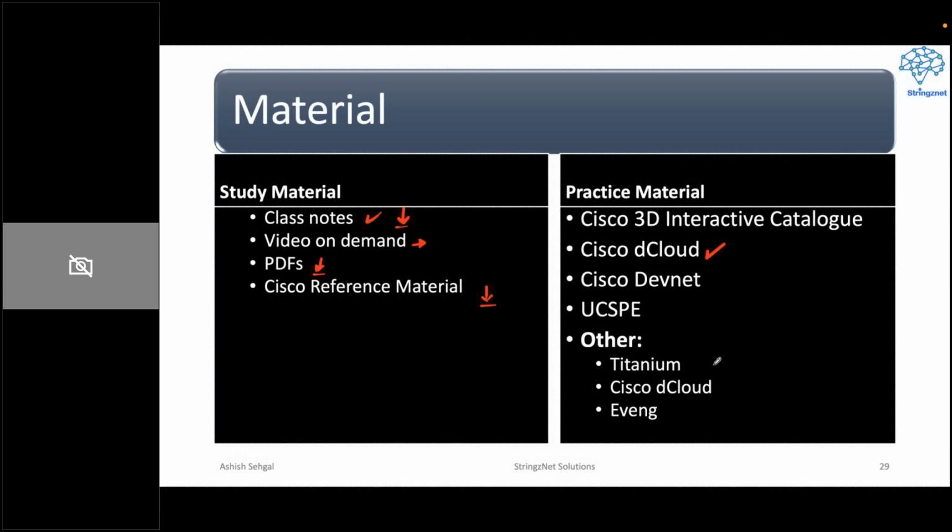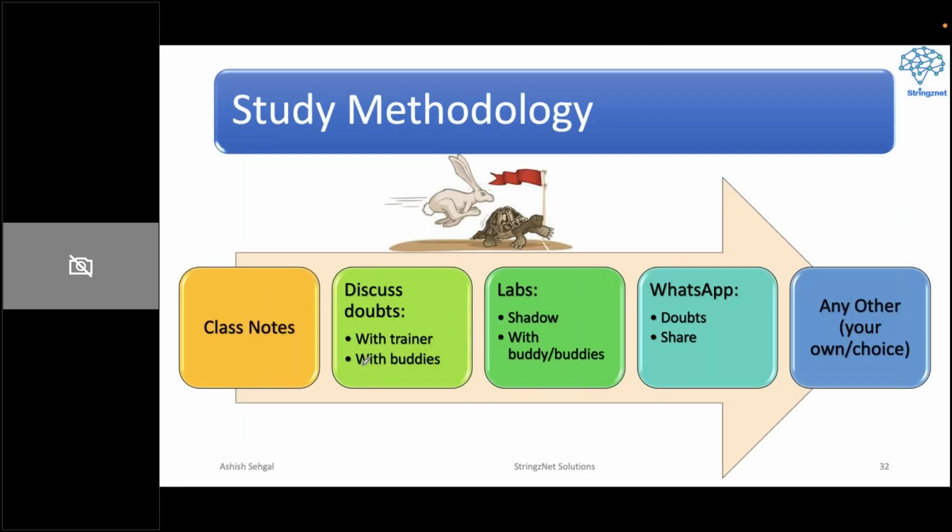I will not recommend using Titanium and consuming more resources of your devices, nor using EVE-NG. I recommend concentrating fully on D-Cloud, which is in your hand 24/7, 365 days a year, any time of your choice, across 4 different data centers across the globe. We'll tell you how.